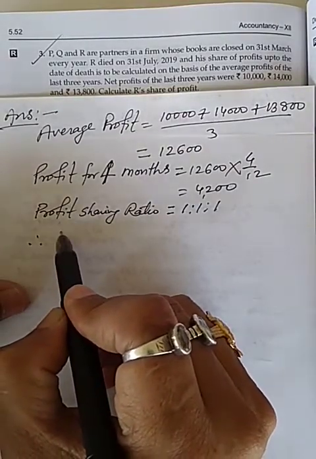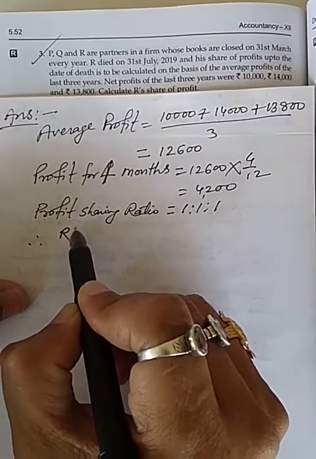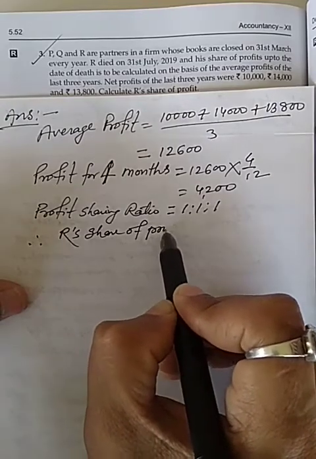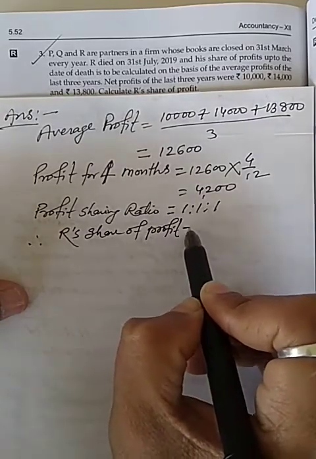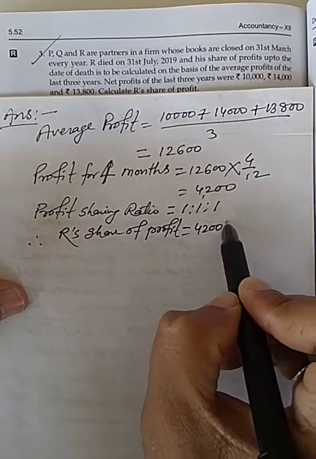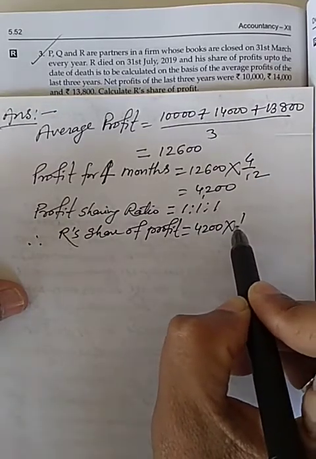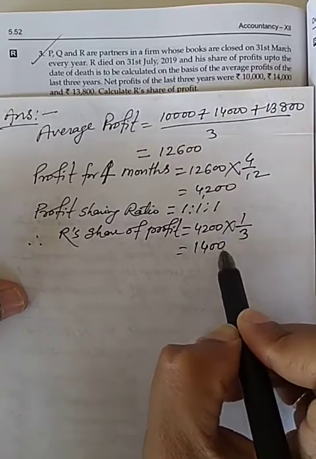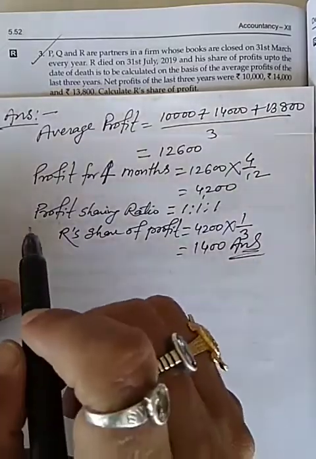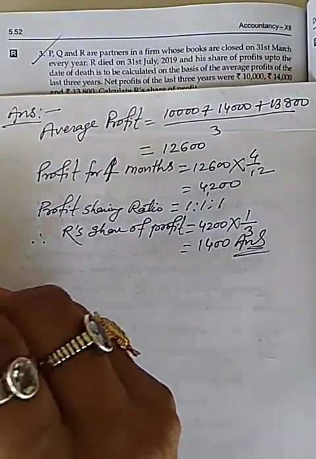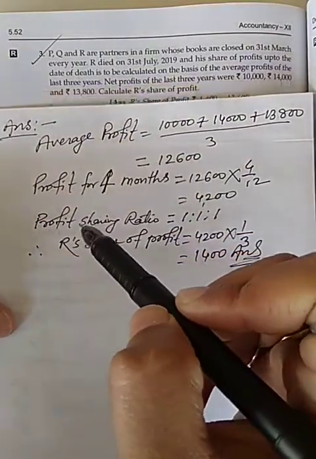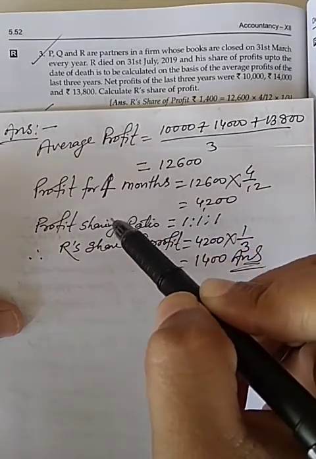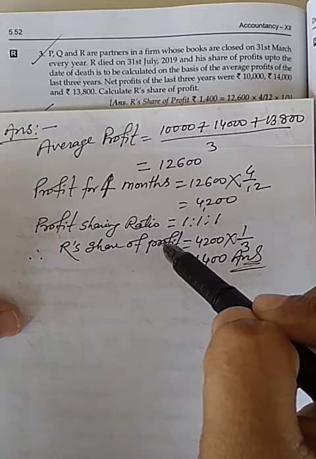Therefore R's share of profit equals 4,200 into 1 by 3, equal to 1,400. Answer. This is the process for calculation of deceased partner's share of profit.